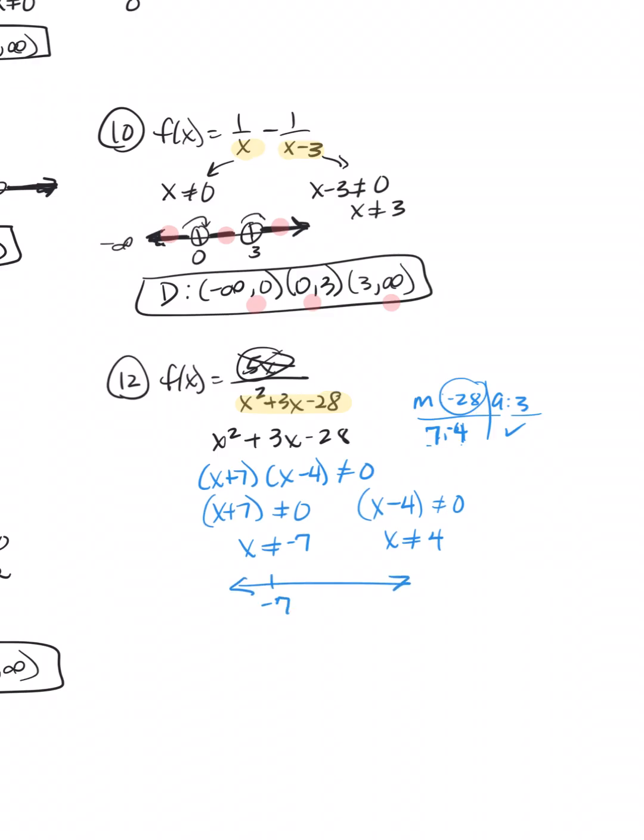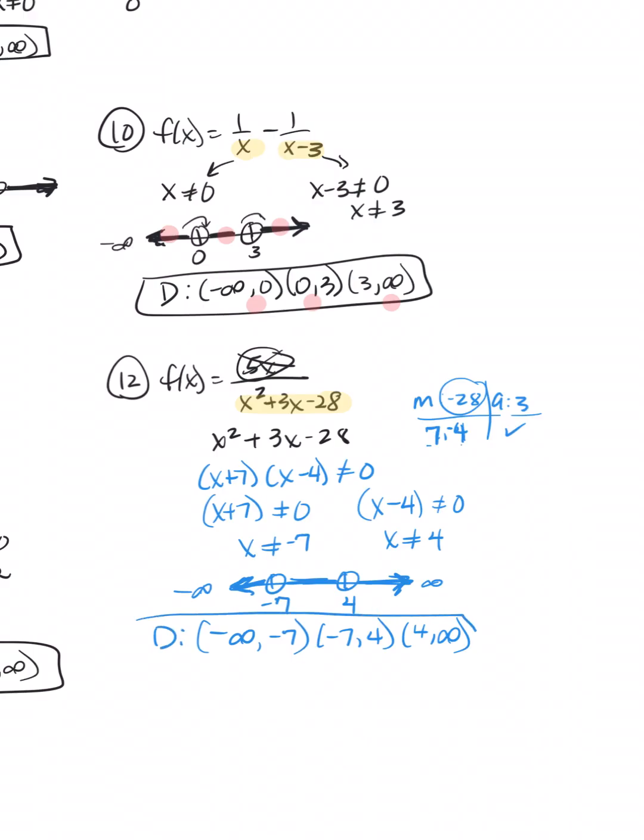I have negative 7. I have positive 4. Have to be open there, but everywhere else works. So left to right. Negative infinity to negative 7. Negative 7 to 4. And then 4 to positive infinity. And I need to put domain is and box my answer.